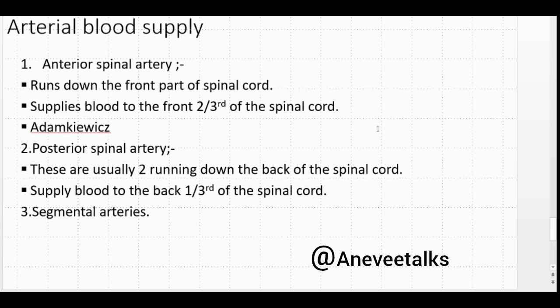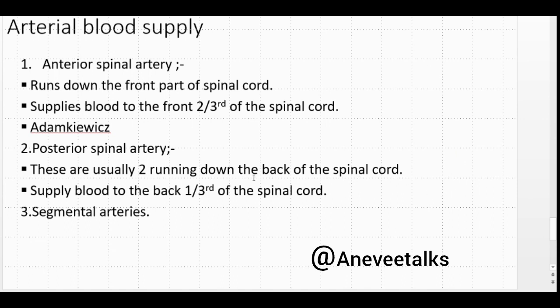The anterior spinal artery runs downward and gives blood supply to the anterior part of the spinal cord, up to two thirds of the spinal cord.